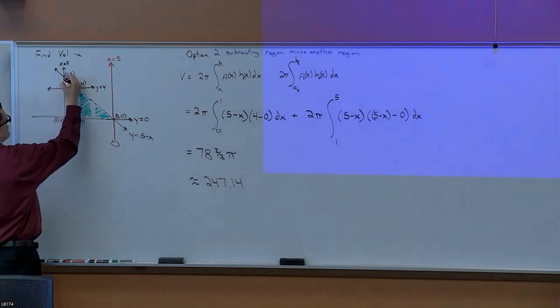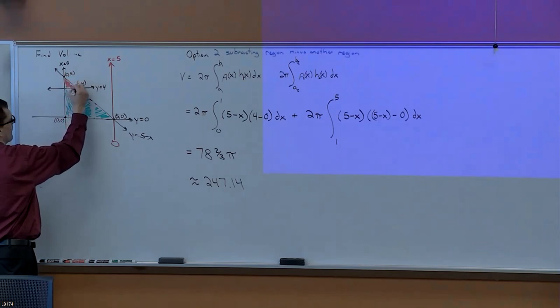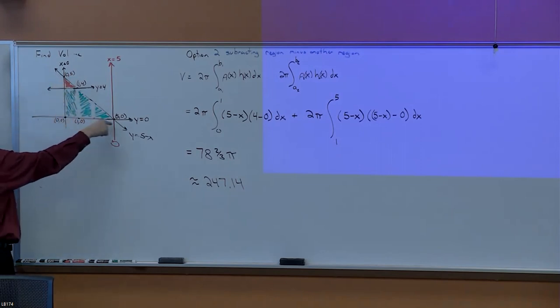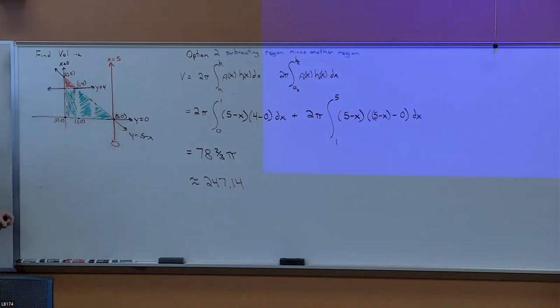And basically what you do, I'm gonna try to highlight this the best I can. Is you would say, well, here is a big triangle, the red and green together. Big triangle minus, and then I take out the red triangle. Everybody follow that?